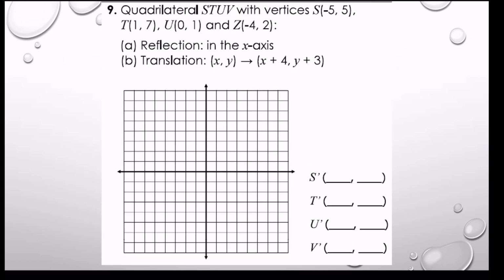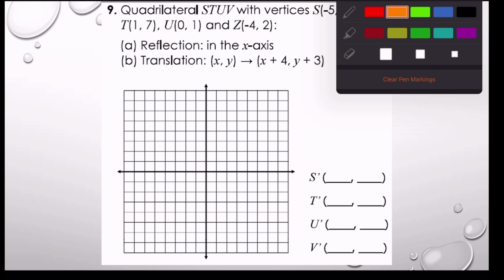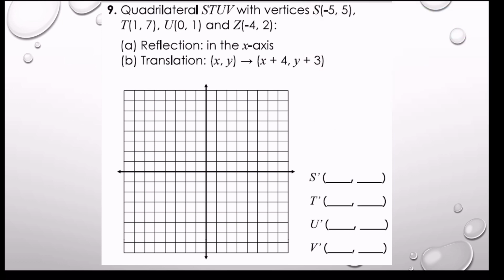And the last thing you might see is when we take these two and put them together. So you might want to first reflect something and then translate it. I'm going to show you what this might look like algebraically. So let's take a look. If I have S at -5, 5, okay? So -5, 1, 2, 3, 4, 5, 1, 2, 3, 4, 5.